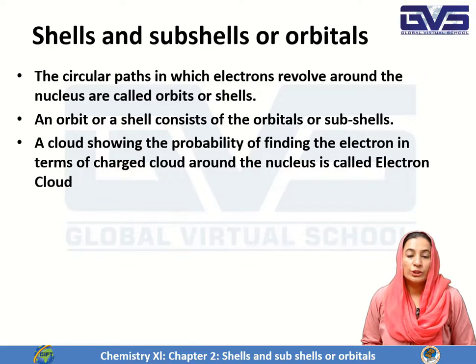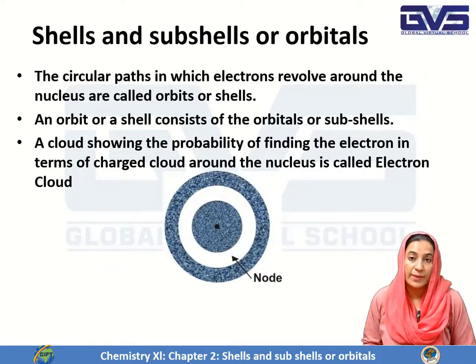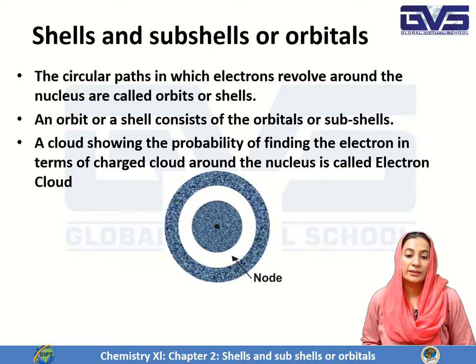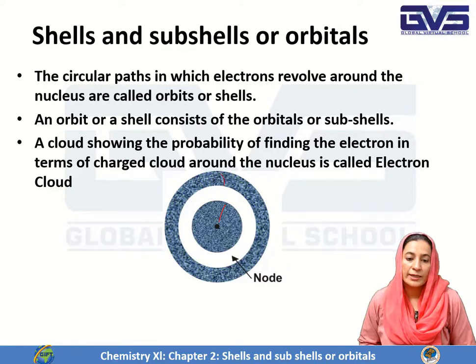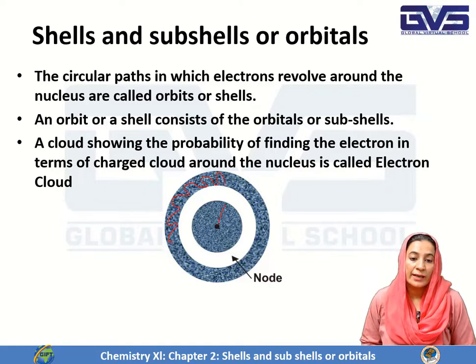And then the cloud showing the probability of finding the electron around the nucleus is called the charge cloud, and that area is called the orbital, or you can say the space around the nucleus where the probability of finding the electron is maximum. Now we know that the electron moves in a wave-like motion.